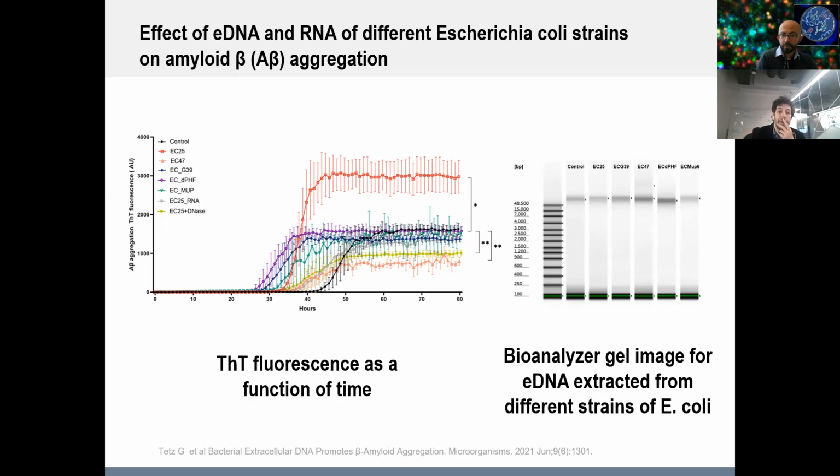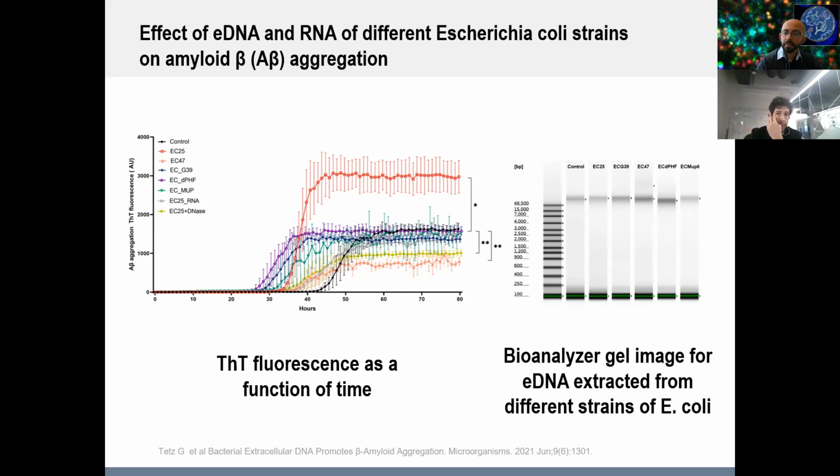However, this part is very interesting because our observation that eDNA from different E. coli strains differently affected A beta, meaning that not all bacterial DNA possess equal A beta pathogenic activity, might address the question that I highlighted before: why some people with signs of bacterial presence in the brain develop Alzheimer's disease and some not.